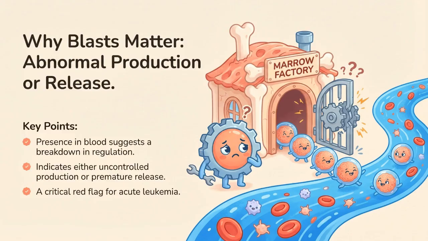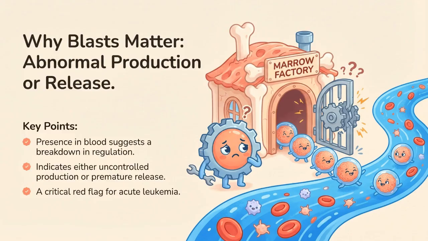When blasts escape this control and appear in the peripheral blood, it signals that the regulatory mechanisms governing cell development and release have been compromised. This can be due to an uncontrolled proliferation of these immature cells within the marrow, leading to their spillover into the bloodstream, or a failure of the marrow to properly mature its cells.